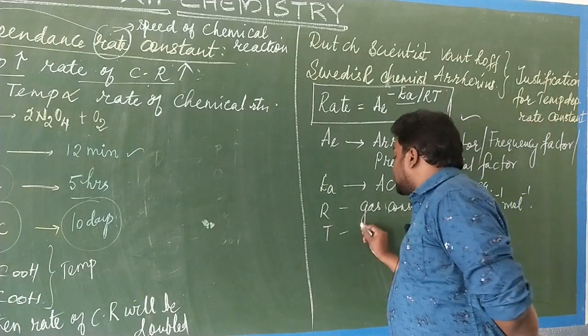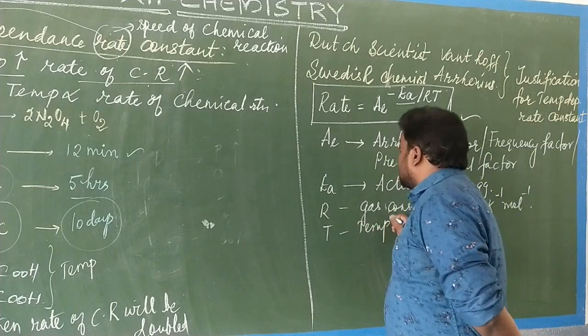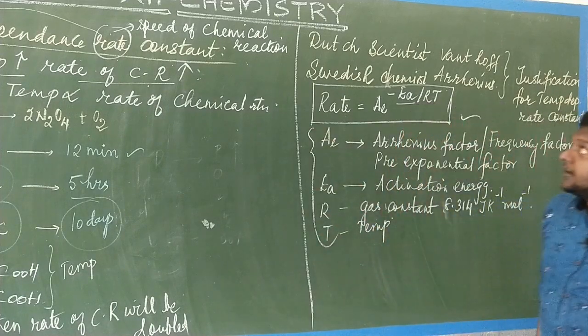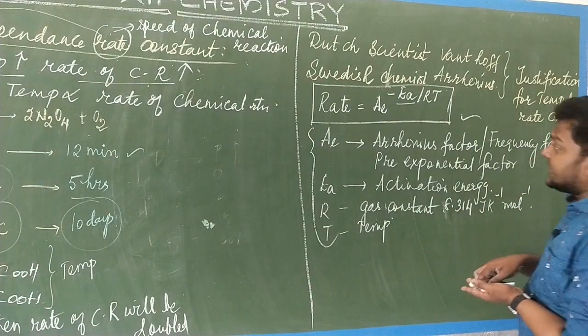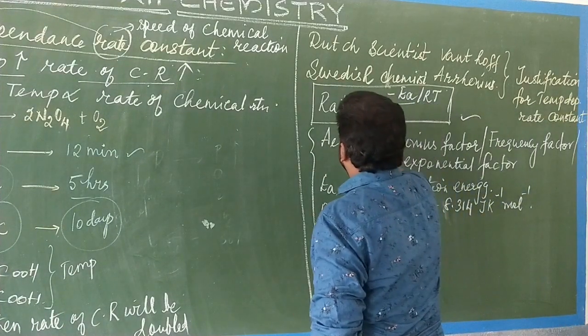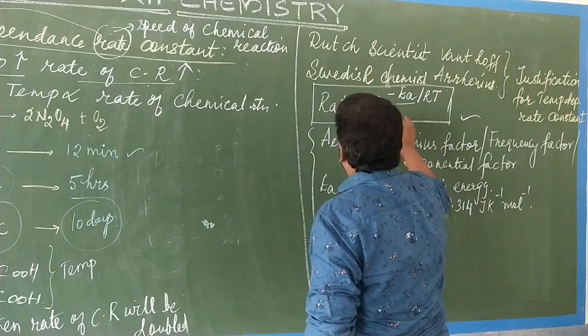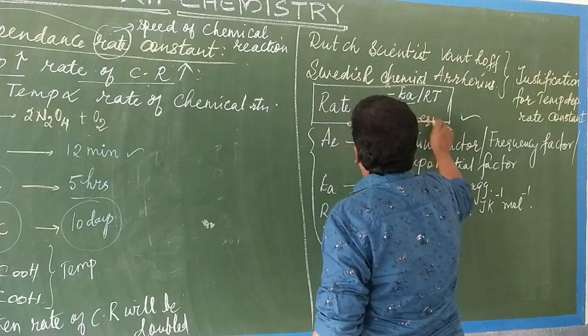T is the temperature. So this equation is called the Arrhenius equation.